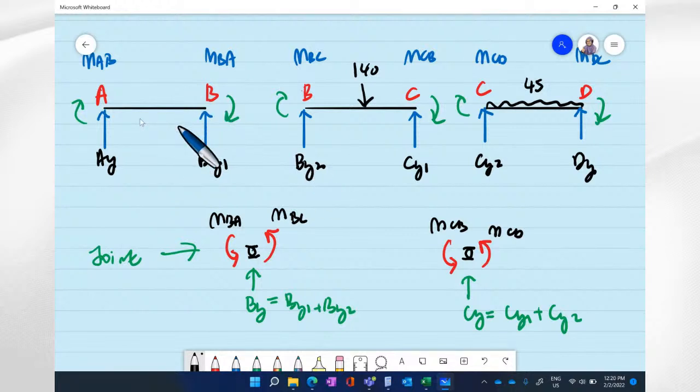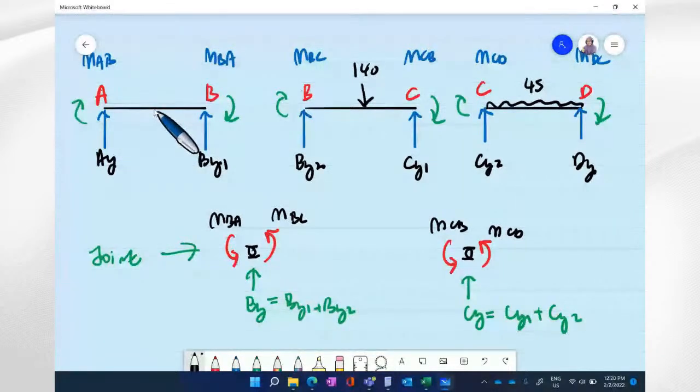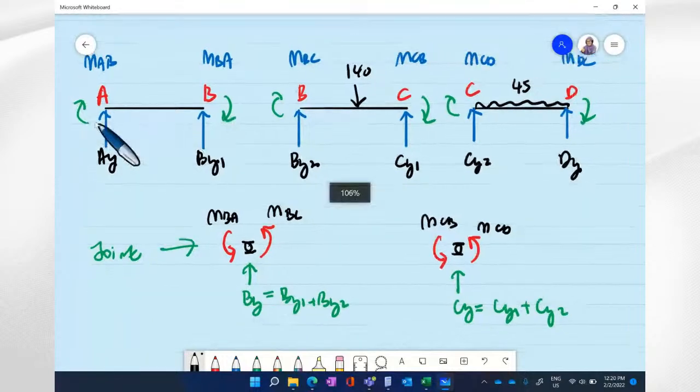The first assumption that we made is member end moment towards the member. That is why we call it member end moment. The moment is assumed as positive towards the member.